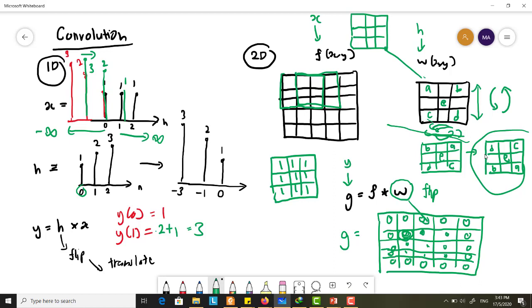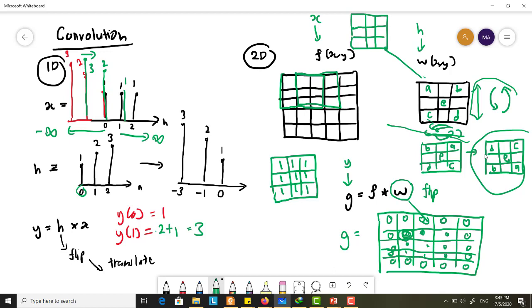If you apply the flipping operation in this way, you still get 1. So that's why normally in two-dimensional signals, when you are applying the two-dimensional convolutional process, the flipping process is skipped.